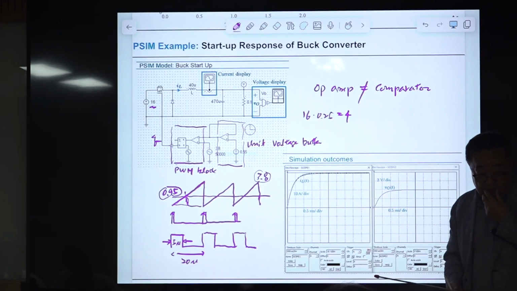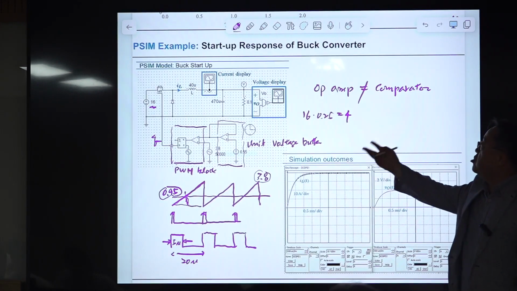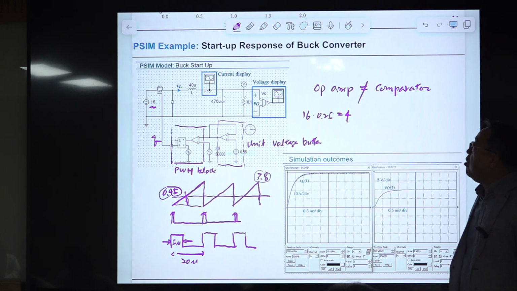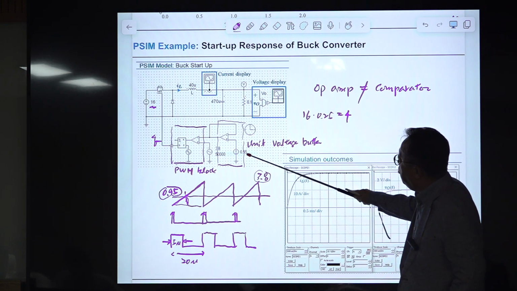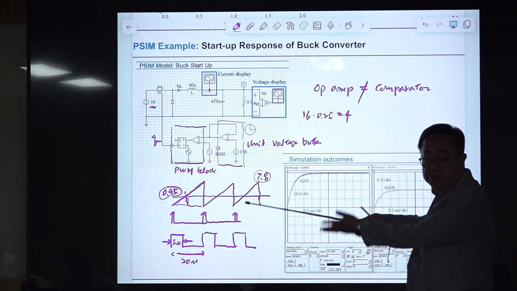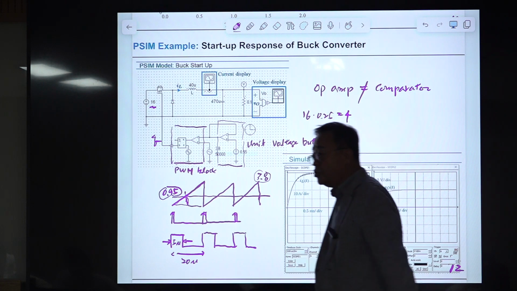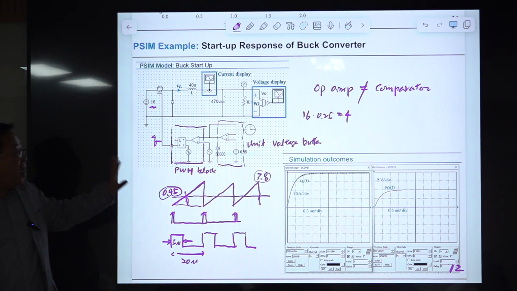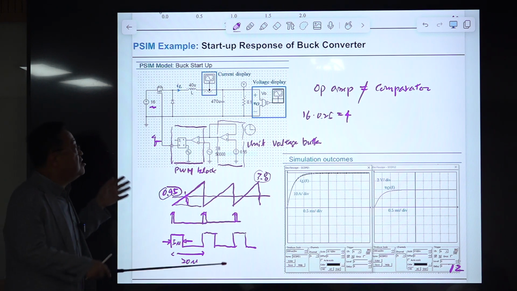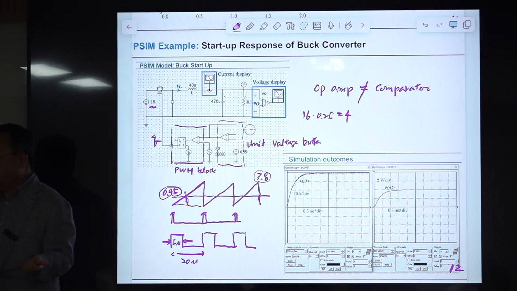Okay, suppose you need to simulate some converter with a duty ratio of 0.5, then you increase this number twice. Then you have the converter with duty ratio 0.5. This is very handy. This is handy for the simulation, and this is handy for the hardware implementation.